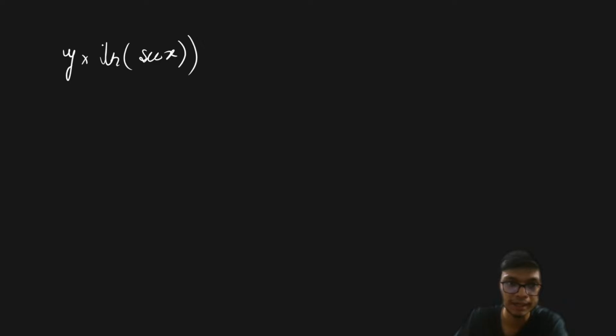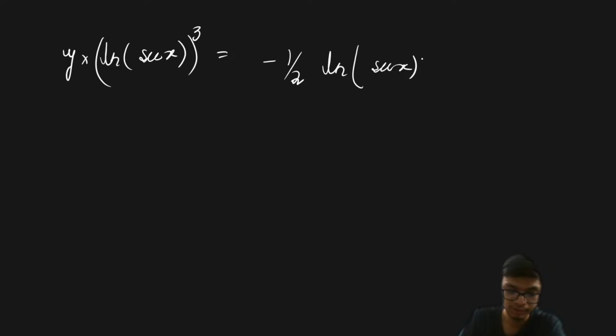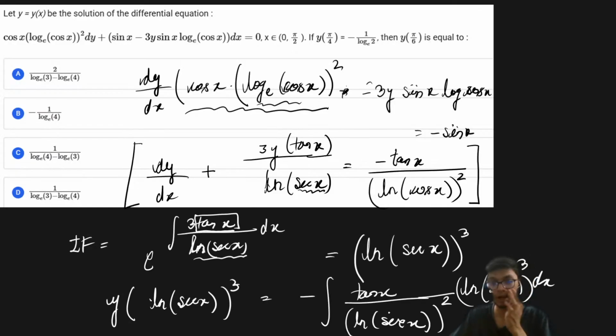So the solution is going to look like y times natural log of sec x whole cube equals minus half times natural log of sec x whole square. It's a very simple integration. You assume natural log of sec x as t.